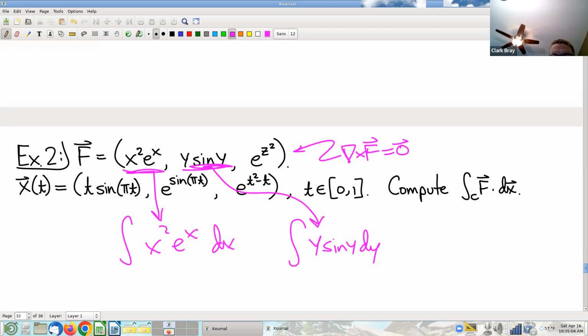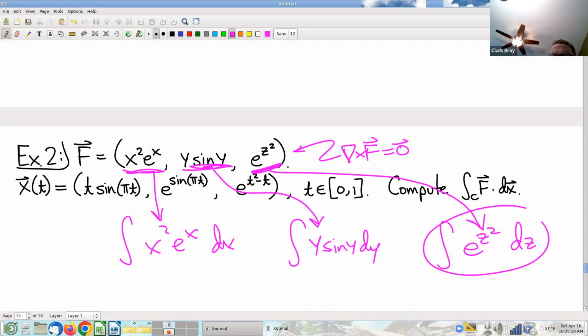But then even worse, I'm going to have to take the z anti-partial of e to the z squared. You may have seen this particular integral before. There is no closed form antiderivative for this integral.